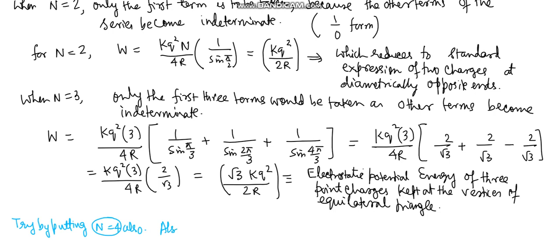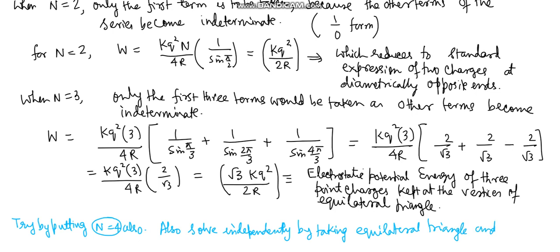Also solve independently by taking the equilateral triangle and the square, assuming that the charges are placed at the vertices of this equilateral triangle and the vertices of the square. So have a good practice based on this discussion.